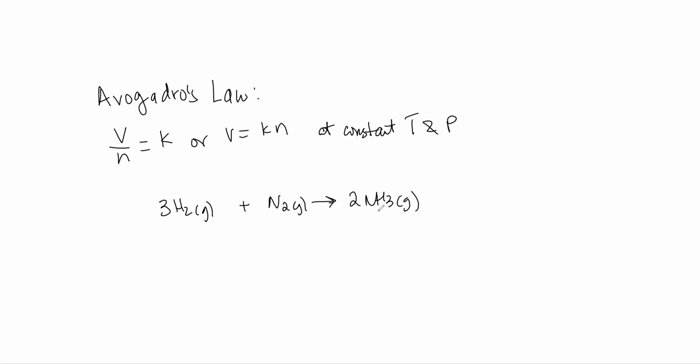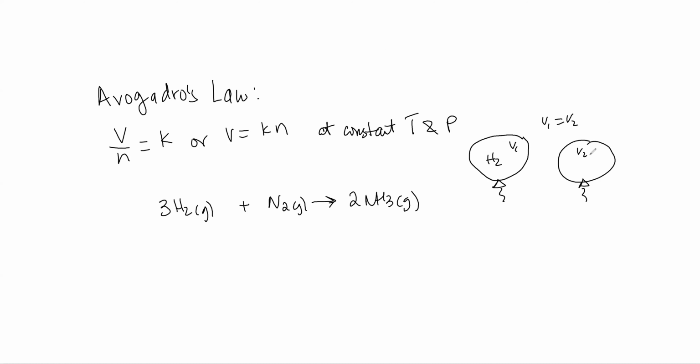What this law is telling you, guys, indirectly, is that if you fill a balloon with hydrogen gas, and you have a balloon with nitrogen gas, and let's say these are the same volumes, V1 is equal to V2.